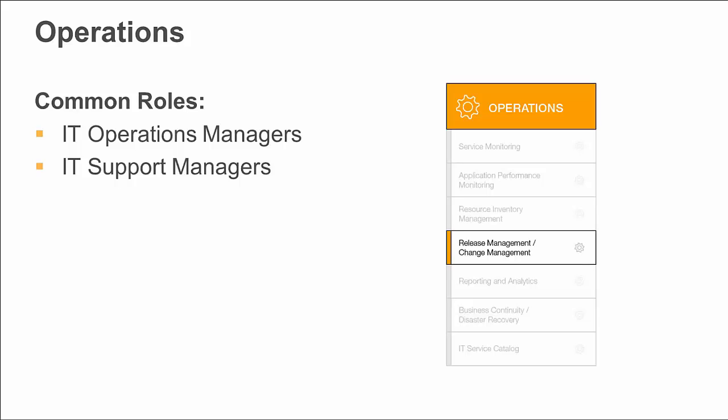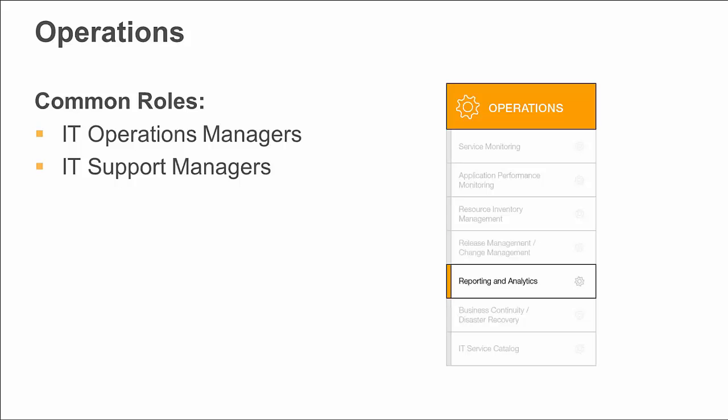Release management, change management. One of the things we see many customers adopt in this release management, change management capability is the use of things like CI/CD pipelines and these sorts of processes to manage their release management and change management. And so thinking about how to take best advantage of some of these cloud-enabled capabilities and some of these cloud-enabled processes can really shift the way that you think about release and change management.